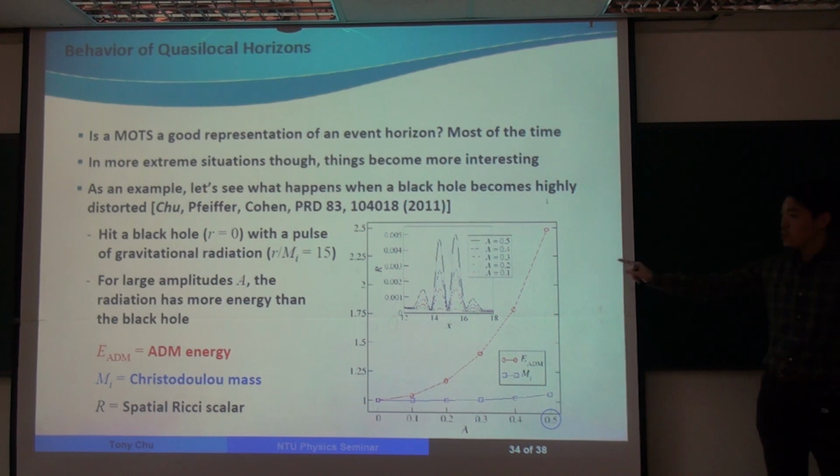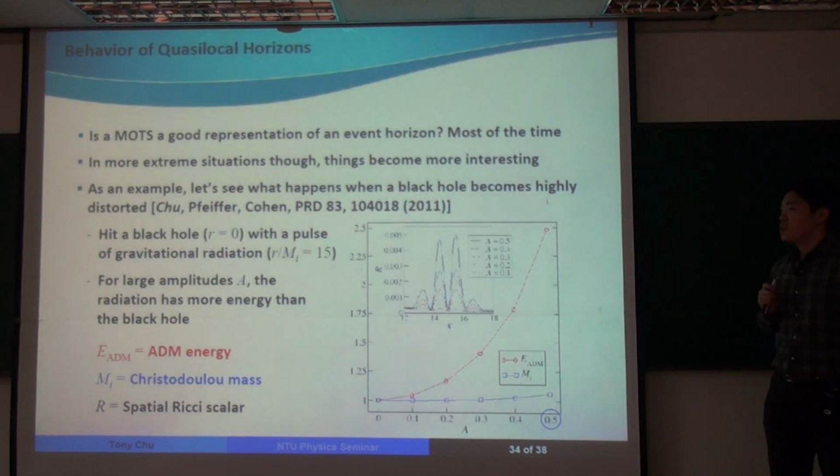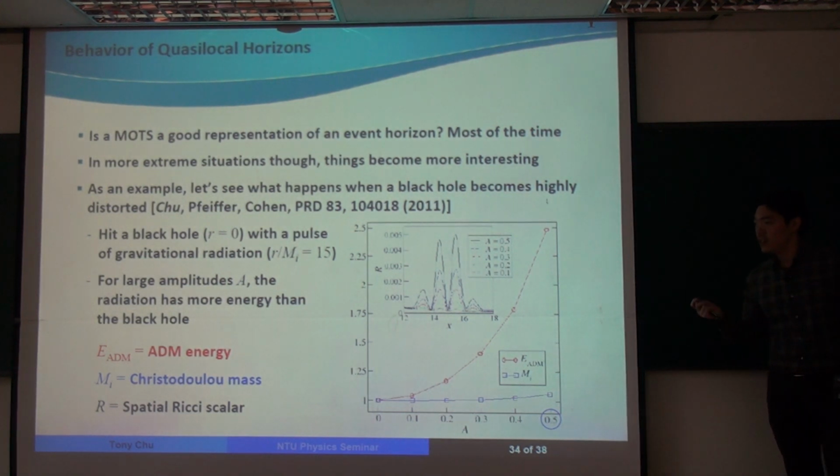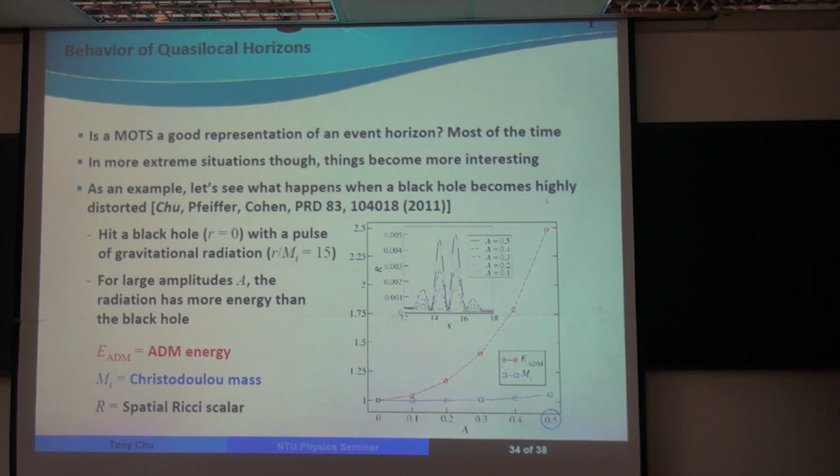So if we consider this case of A equals 0.5, then when the gravitational wave hits, the black hole will be extremely distorted. This is something that numerical relativity simulations can handle. So let's see what happens to the marginally outer trapped surfaces in our simulation under such high distortions.